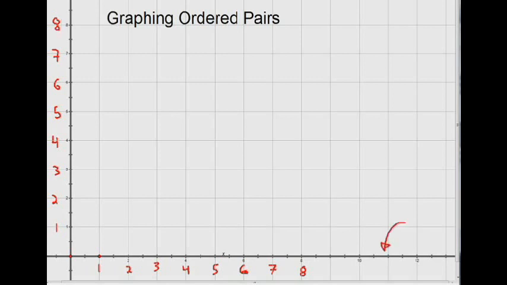The horizontal line, so the flat line, is our x-axis. So those are our x values along that line there. And the vertical line is our y-axis. So those are our y values there.